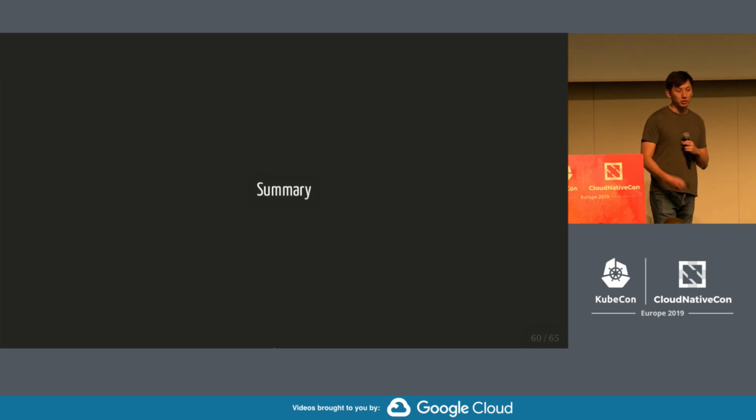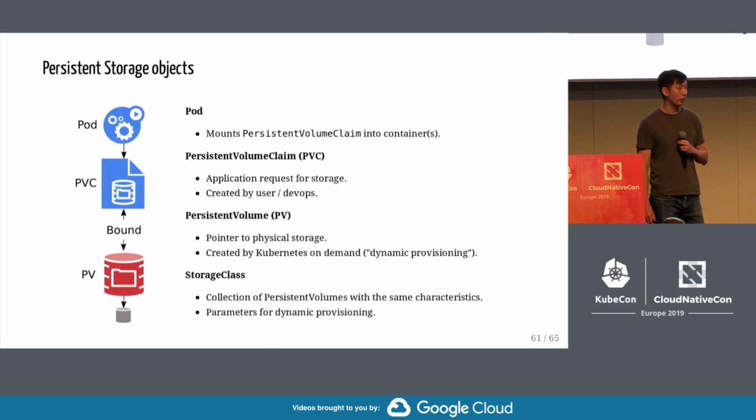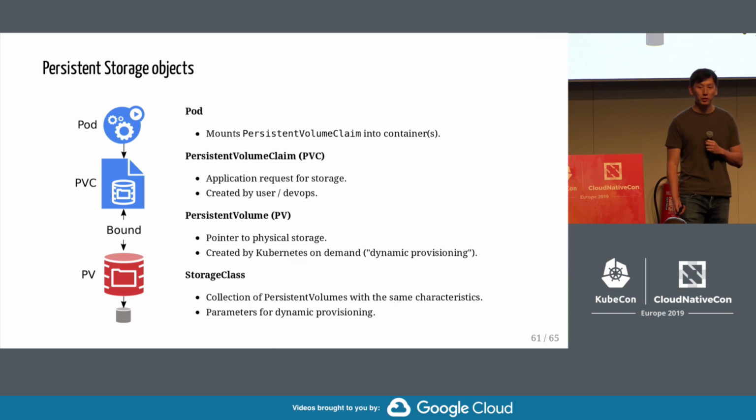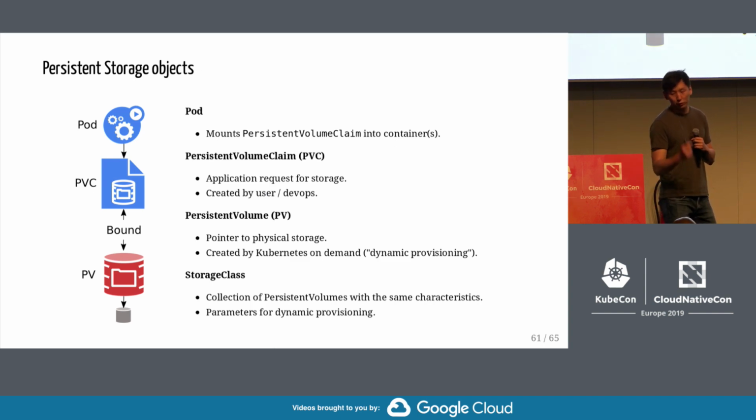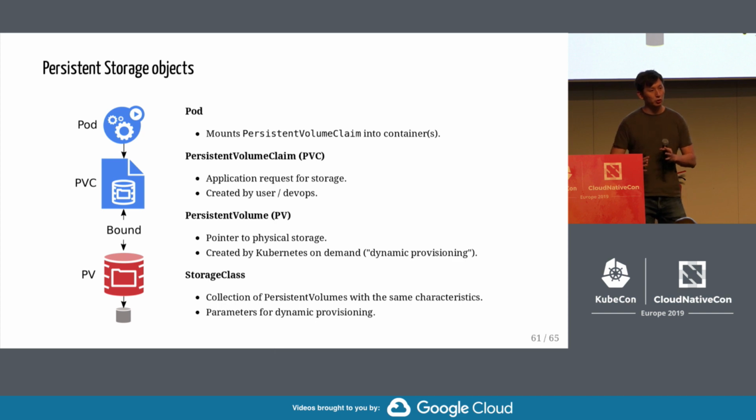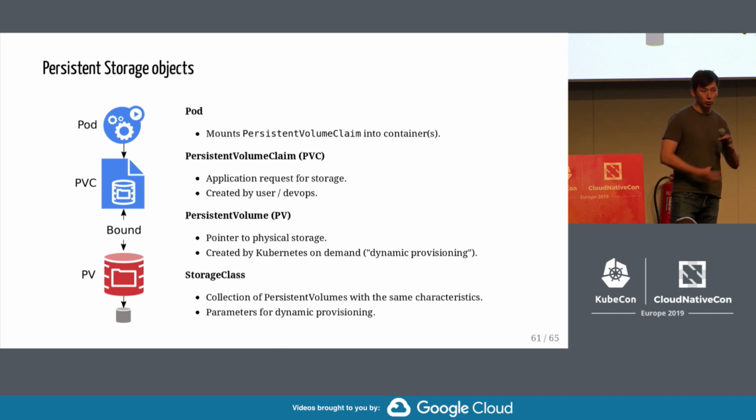OK, so to summarize, the main takeaway that you should have from this talk is this image, right? There are two main parts of the storage system in Kubernetes. We split it out into administrator and user workload.